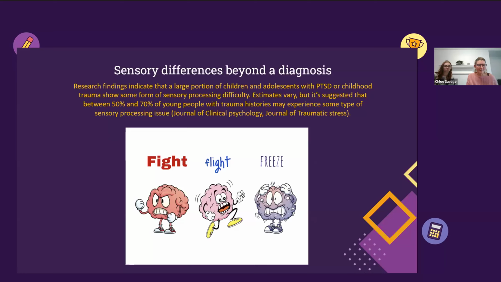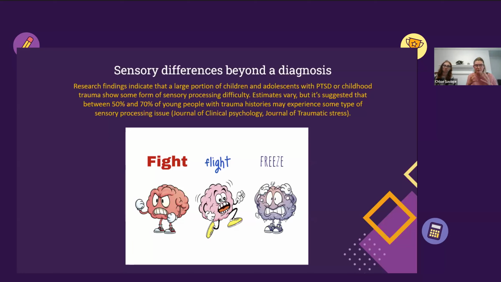You might be wondering why that happens, and I definitely did when I started working with children who had experienced childhood trauma. Essentially, children with trauma histories are often more likely to develop hypersensitivity or hyposensitivity, as these systems, the sensory systems, develop in interaction with our environments.